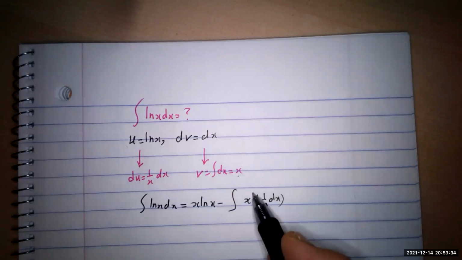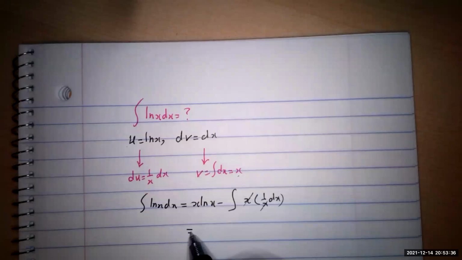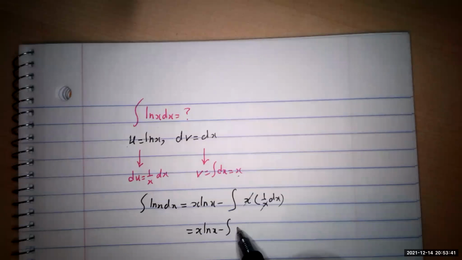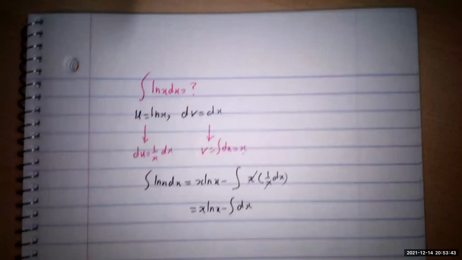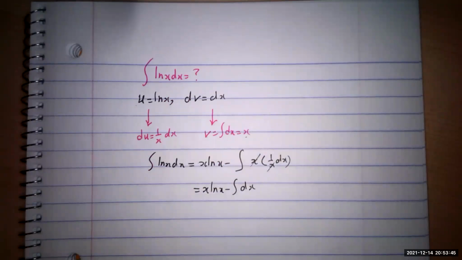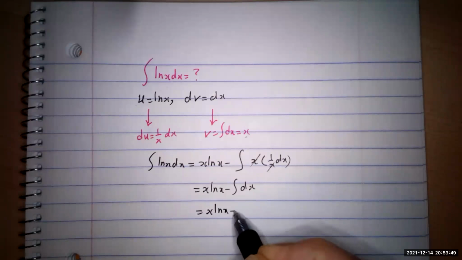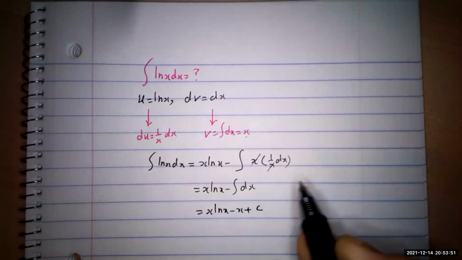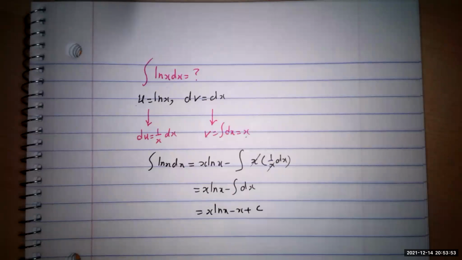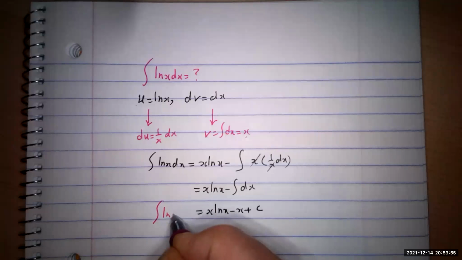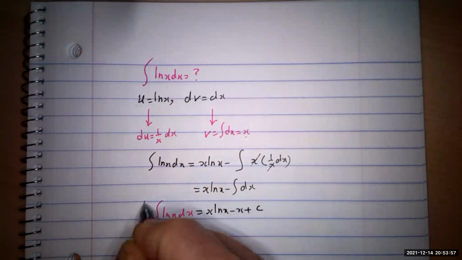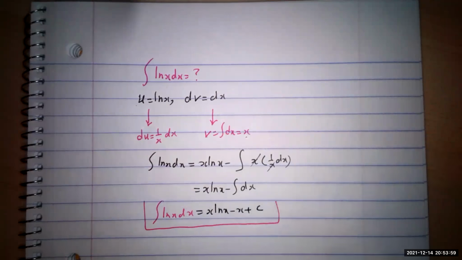See, this x and x would cancel out. So that gives x ln x minus the integral of what? The integral of dx, the integral of 1, which is x. So that gives x ln x minus x plus c. So that would be the integral of ln x dx. Again, a very popular case.